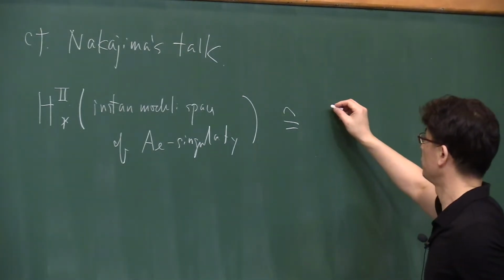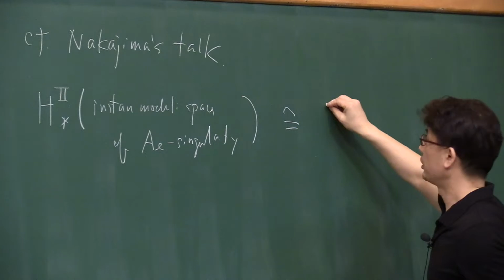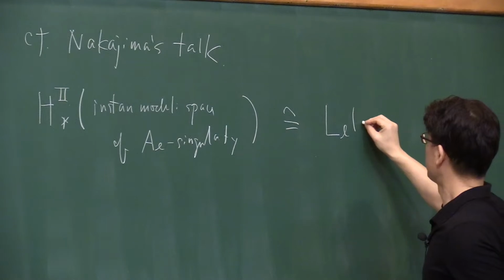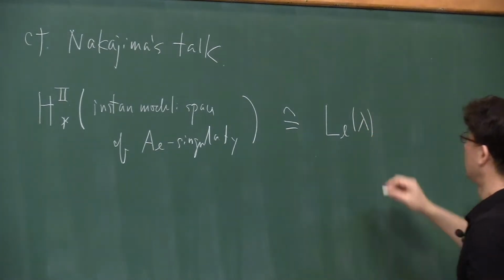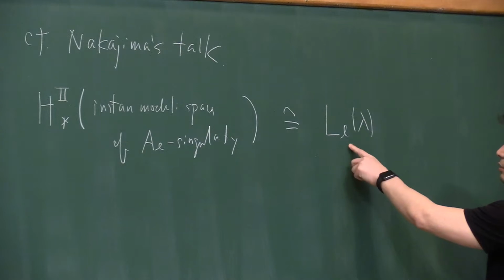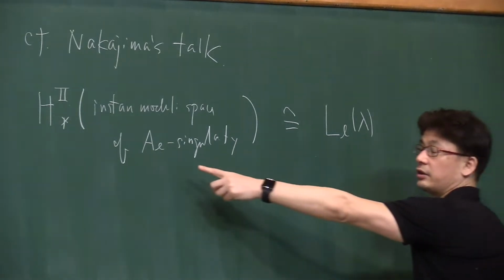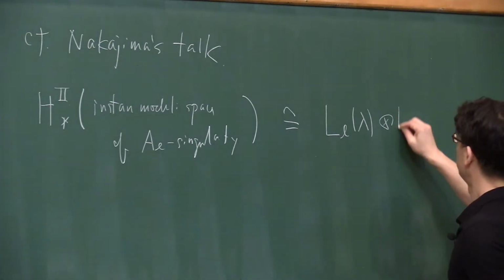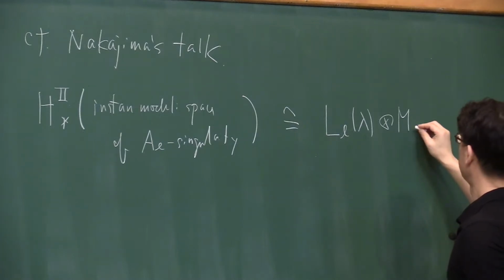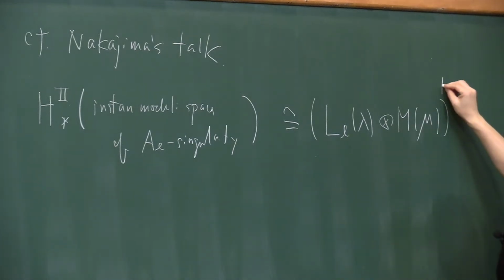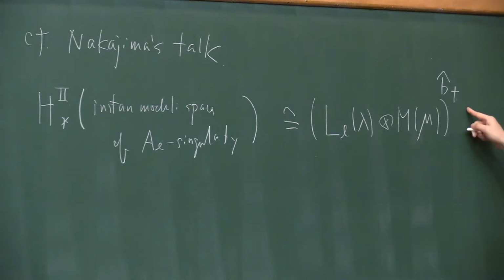So it looked like this. It's a tensor product of L, some irreducible highest weight representation of highest weight lambda with level l, where l is this integer, and tensor with some Verma module with some parameter mu. And he considered the invariant subspace with respect to the upper Borel subalgebra of the affine Kac-Moody algebra.